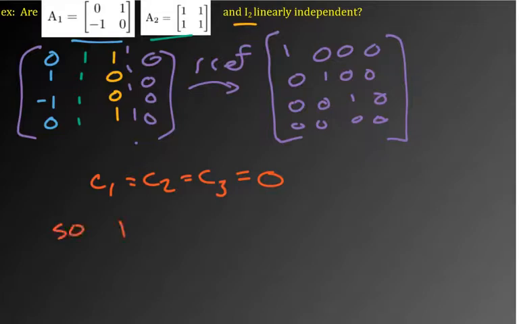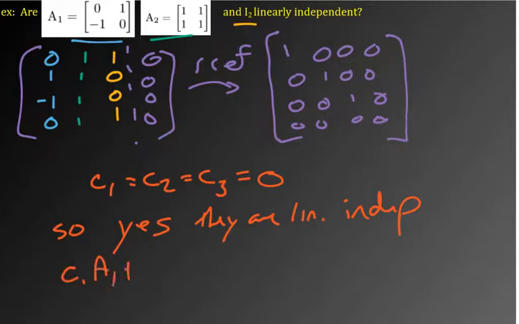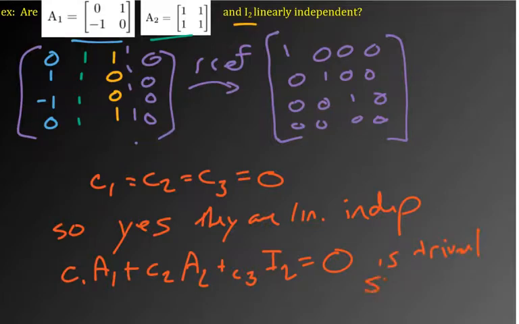And so yes, basically what we just saw is, yes, they are linearly independent, because the only solution to this problem, C1A1 plus C2A2 plus C3I2 equaling the 0 matrix, is the trivial solution. And that's our definition of independence.